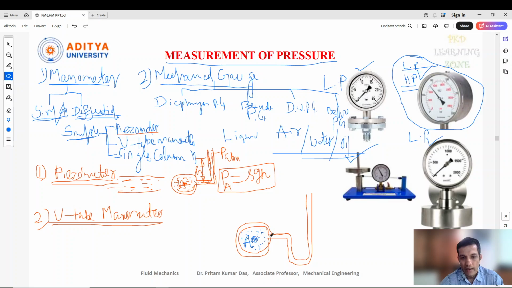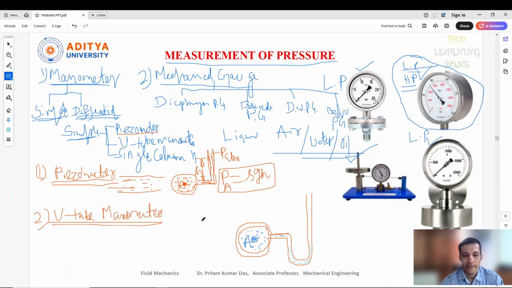In this manometer there is already some liquid of a different color, and that is mercury. Why is mercury considered here?